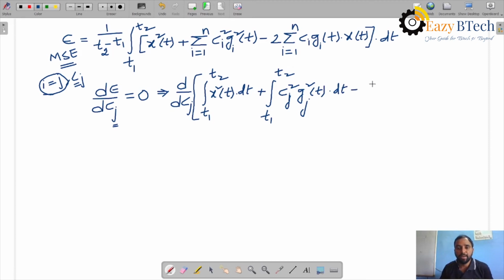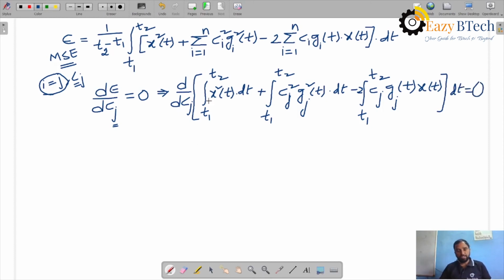And the third one, minus again integral t1 to t2. The number 2 I can write outside the integral. Here i is equal to j, that is why Cj gj of t x of t dt. This total is equal to 0.